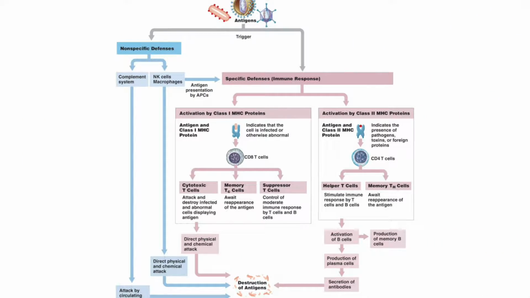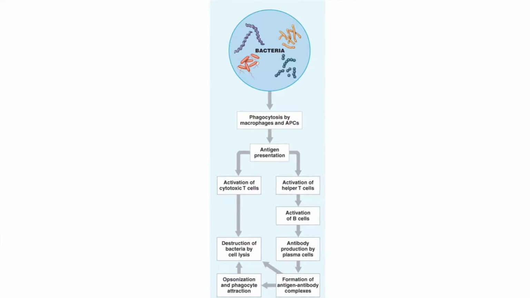So we talked about the specific and the non-specific defenses separately, but they really do work together to defeat the pathogens. Macrophages are antigen presenting cells, so they're part of the non-specific system, but they are required to activate the specific defense system. And antibodies from the specific defense system enhance phagocytosis and the complement system.